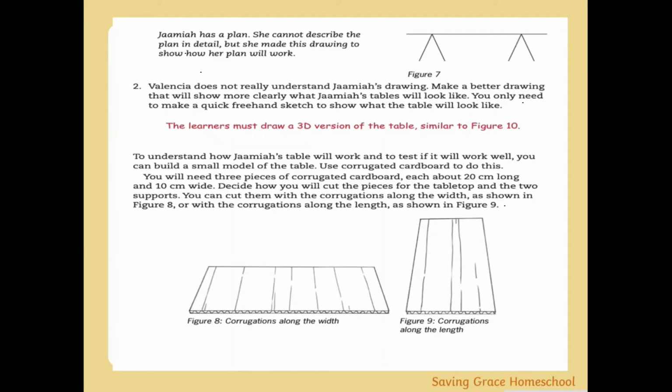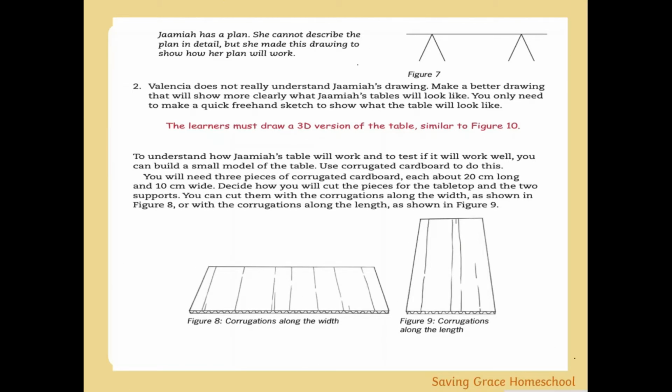So we'd like you to make an improved drawing that more clearly shows what Jamia's tables will look like. You only need to make a quick freehand sketch. So in essence here, we want you to draw this for us three-dimensionally so we can see what's going on. The stick figure drawing above is informative to a degree, but we want you to do a little bit better.